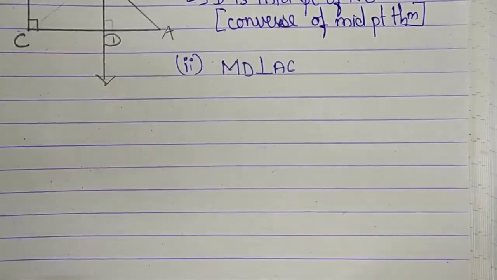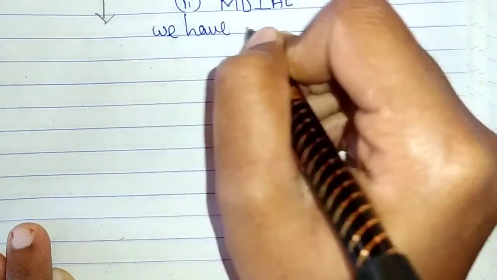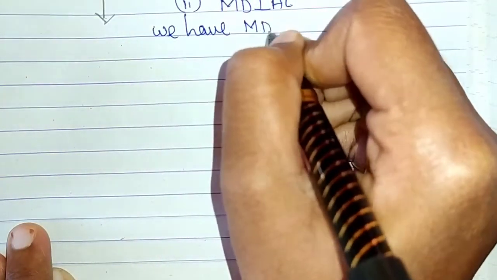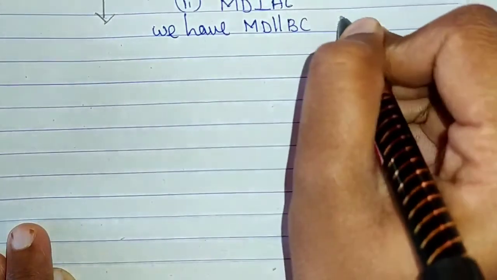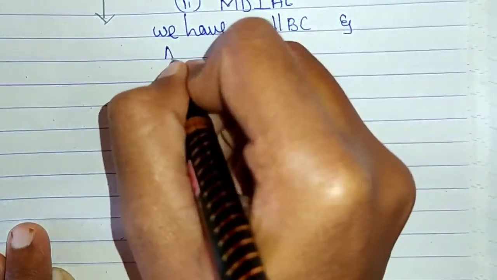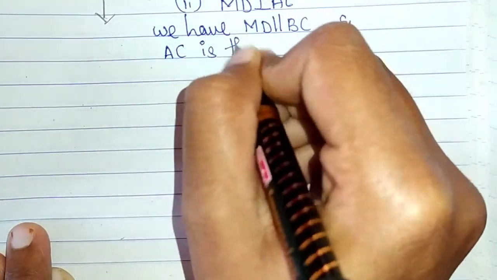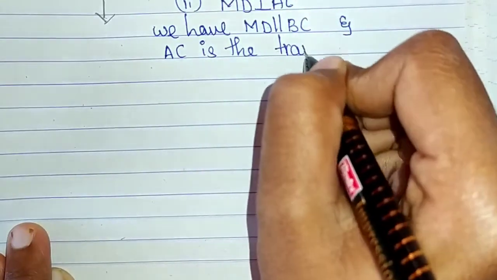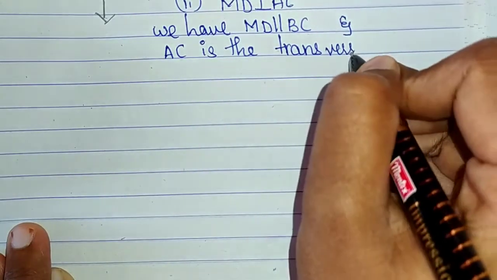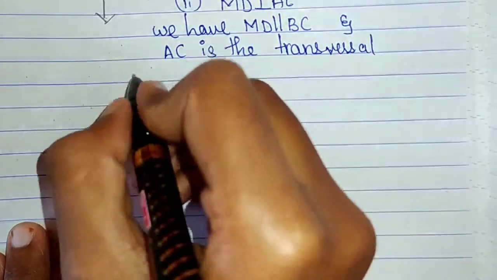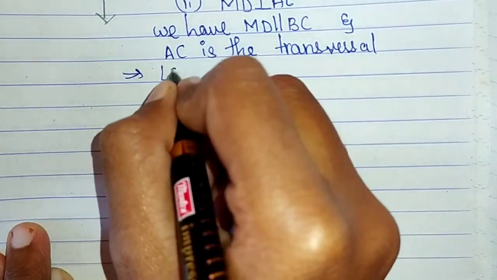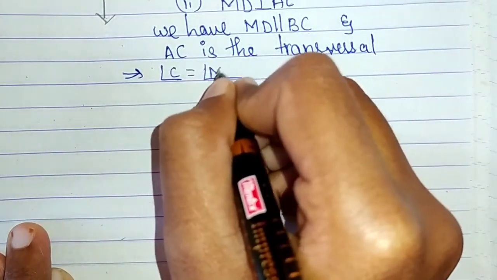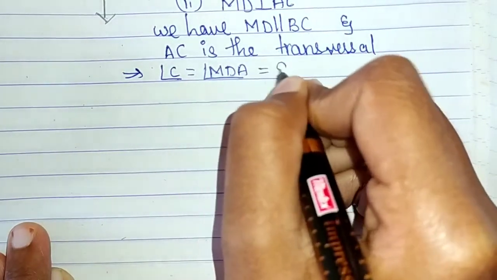Therefore, we know that we have MD is parallel to BC and AC is the transversal. So this implies angle C is equal to angle MDA, which is equal to 90 degrees.